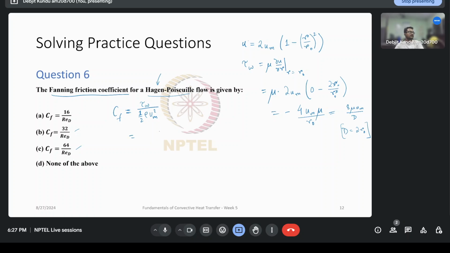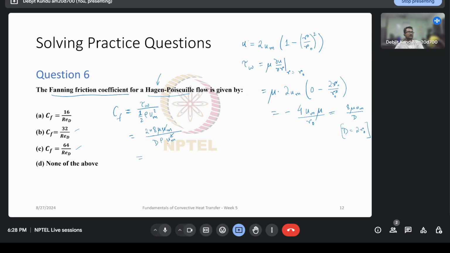So CF now becomes 8 mu by D. I have a half here, so I'll bring this 2 up to the numerator. So 2 multiplied by this. And I have rho, I have u mean squared. I'll cancel out one u mean.